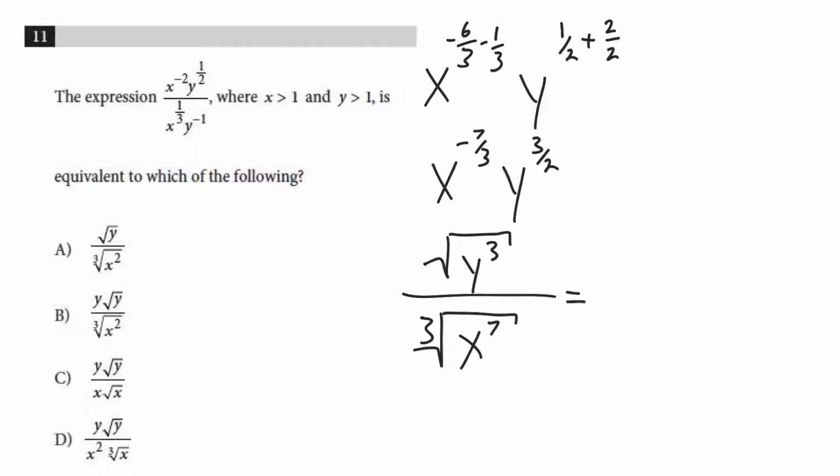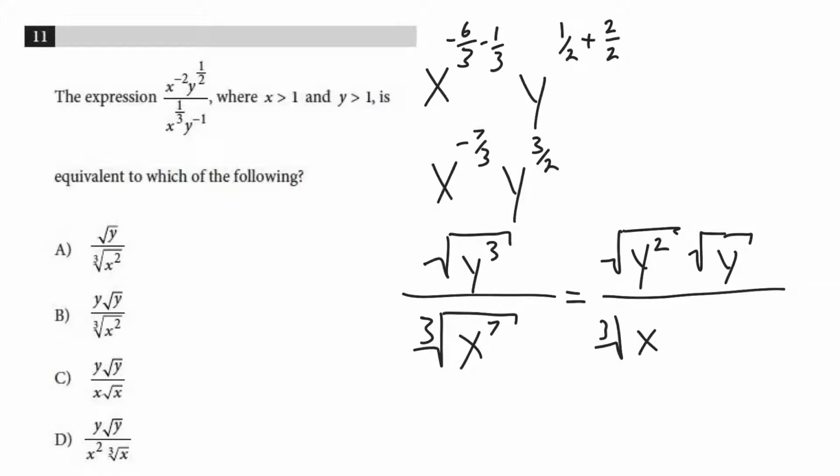Well, the square root of y to the 3rd is the same as the square root of y squared times the square root of y, and the 3rd root of x to the 7th is the same as the 3rd root of x to the 6th times the 3rd root of x.